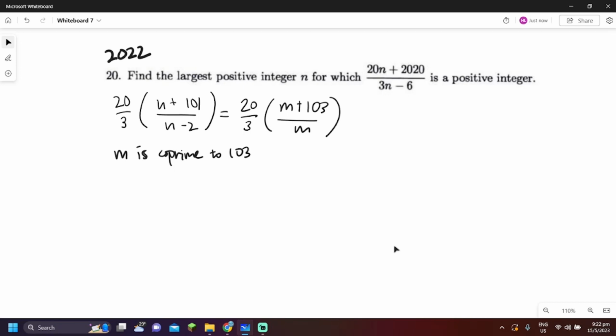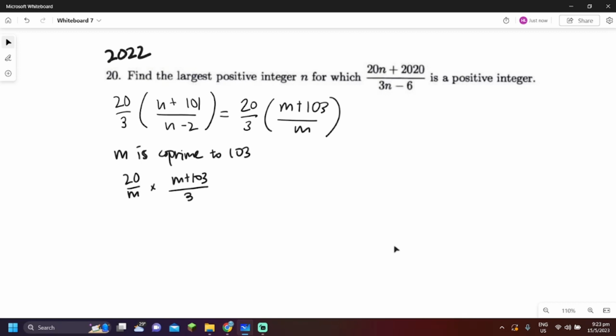Then m plus 103 and m do not share any common factors. So you can rewrite the fraction as 20 over m times m plus 103 over 3. Since m plus 103 and m are co-prime, and 20 and 3 are co-prime, all you need to do is find m such that both of these fractions are integers.